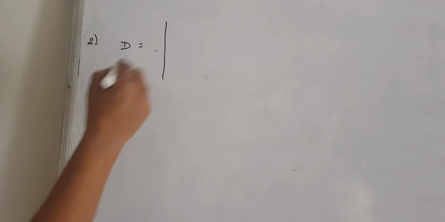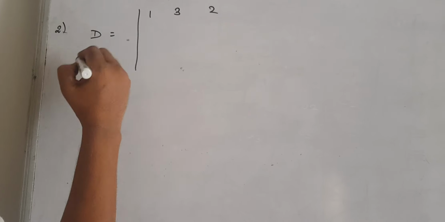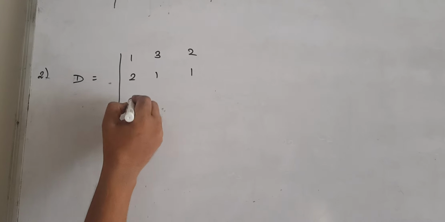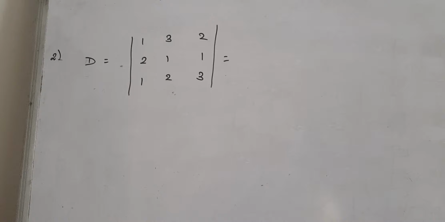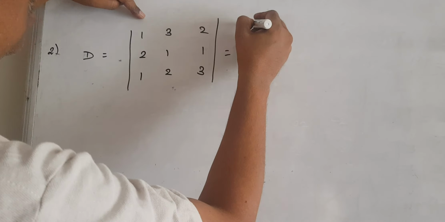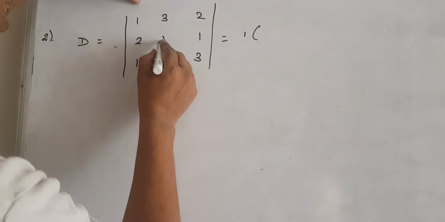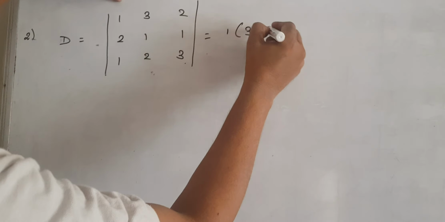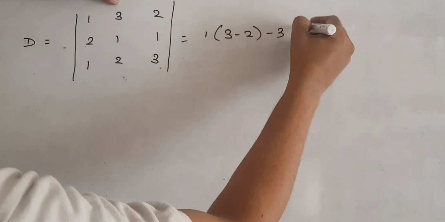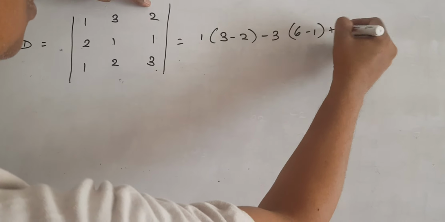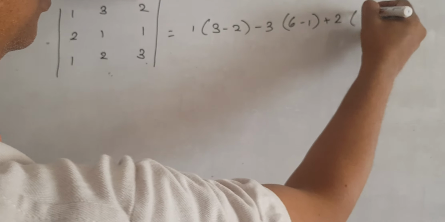Okay, I take another example. It's a lengthy one. See. Number 2. D is equal to 1 3 2, 2 1 1 and 1 2 3. Okay, if we simplify, then it will be what? 1 into 1 3s are 3 minus 2, minus 3 into 2 3s are 6 minus 1, plus 2 into 2 2s are 4 minus 1.